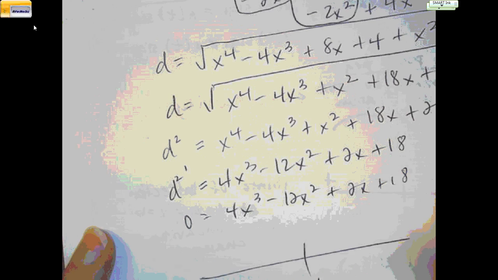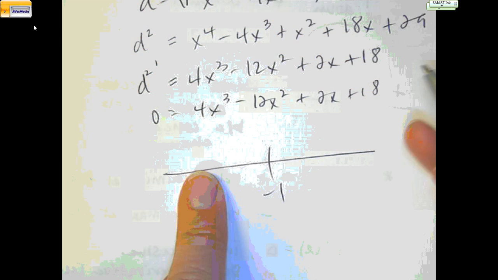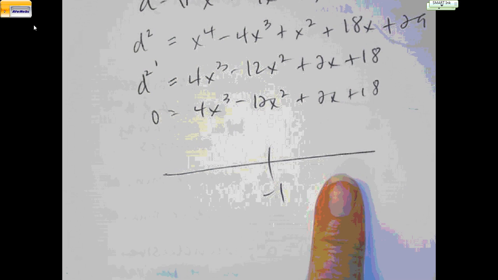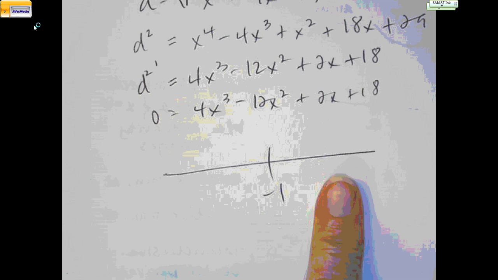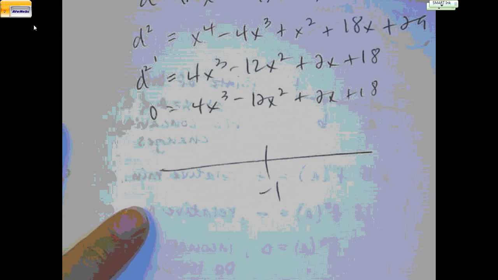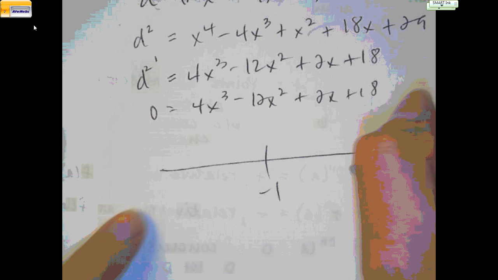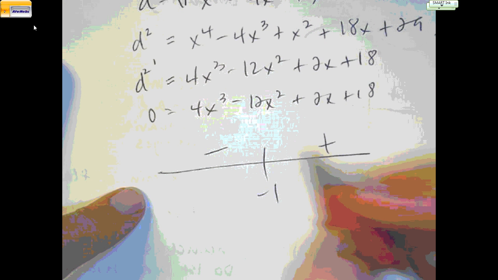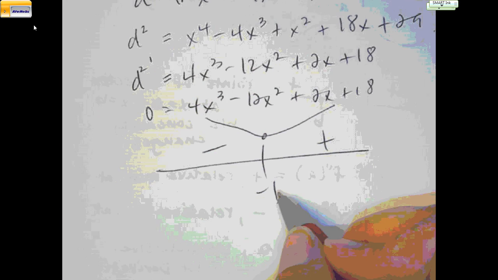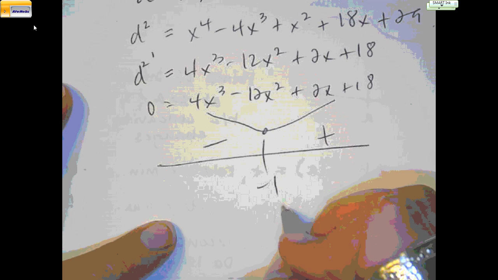So then we take a value less than -1 and a value greater than -1, and we find out where it's increasing and decreasing and all of that. If we put in, say, a 0, that's going to give us a positive. That one's going to give us a negative. Increasing, decreasing, this tells us that the smallest distance value is when x equals -1.